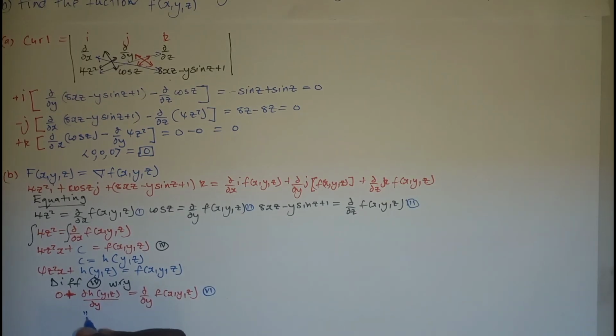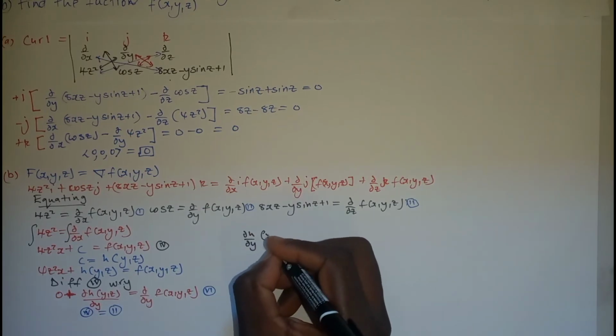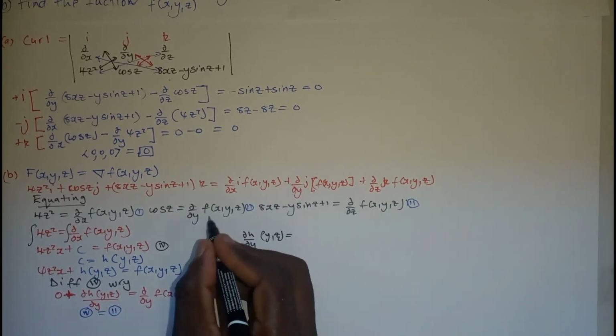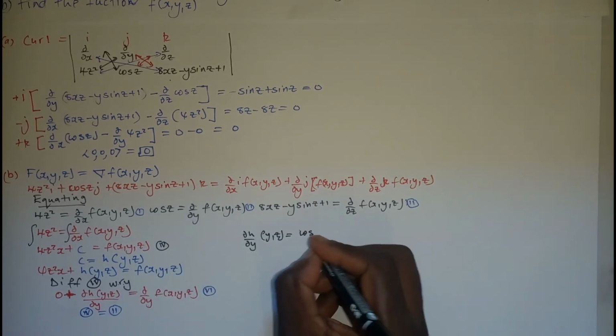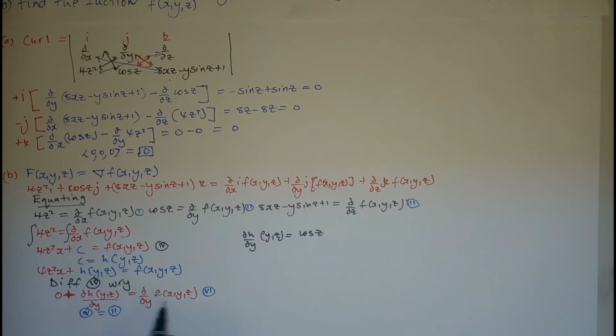And now I'm going to equate equation number 5 with the equation which has partial y, that is equation number 2. So I'm going to have partial h over partial y of y z is equal to, for this one, that is going to give us cos z, right? So you can see I've equated this.